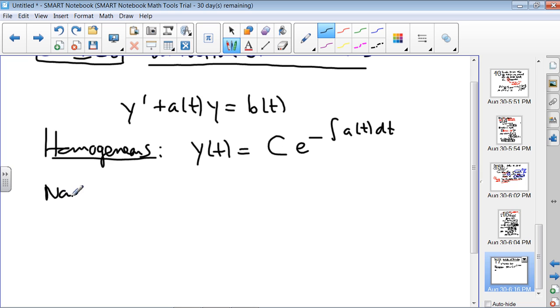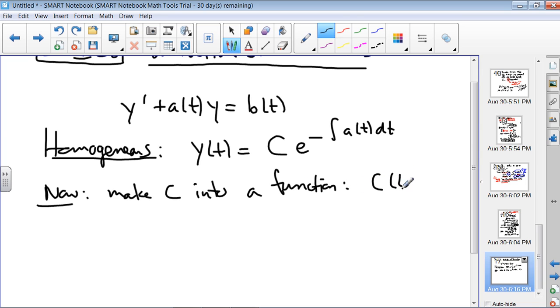So what we're going to do now is we're going to make the constant c into a function. We're literally going to let it vary. Make it a function of t. So that y of t now becomes c of t times our exponential.